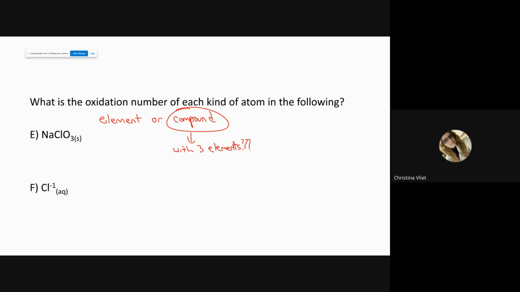If there are 3 elements, and I'm just going to write this on the side, you will always know the oxidation number of 2 of them. So which one do you think you're going to have to solve for?